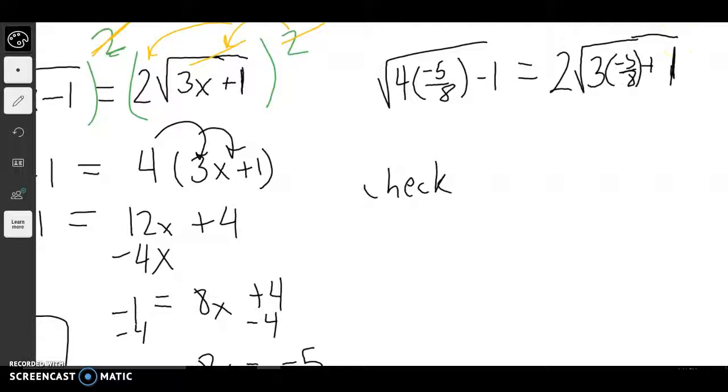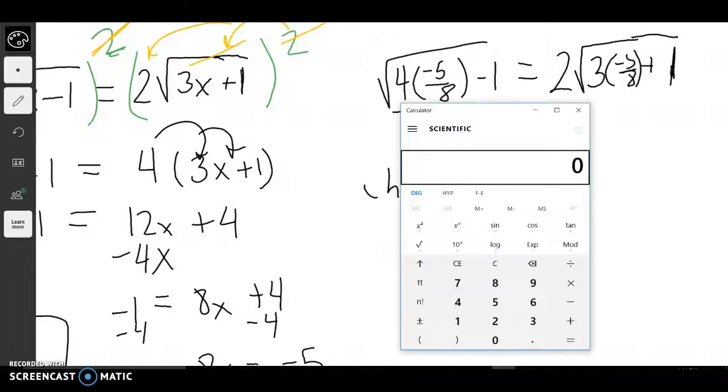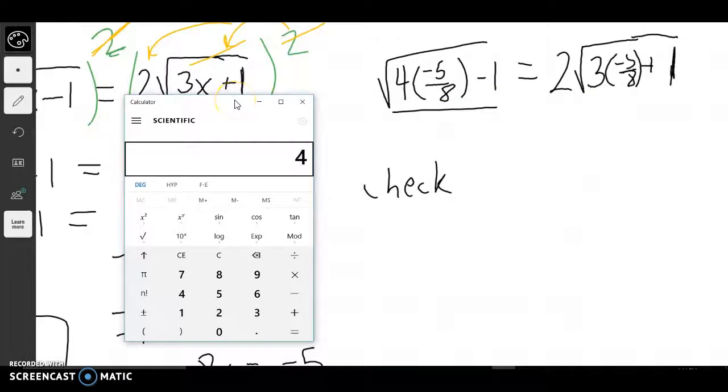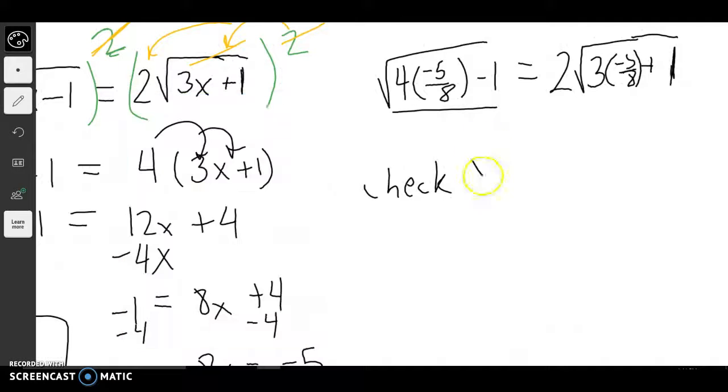And here, I know I'm going to run into some issues, and this is why. If you look at this side, well, we'll use our calculator to help us out. Let's figure out what 5 over 8 is. So we times that by 4. So that would give us -2.5 minus 1, so we'd get the square root of -3.5.